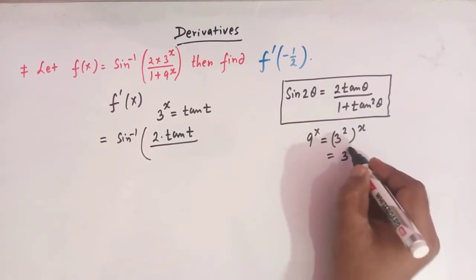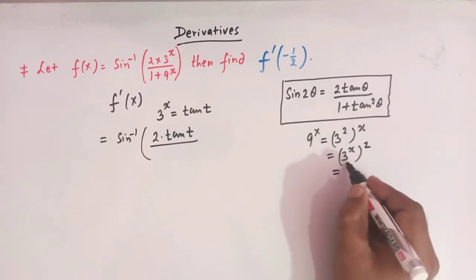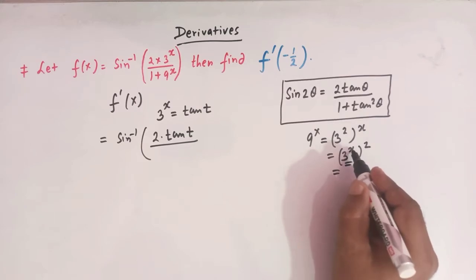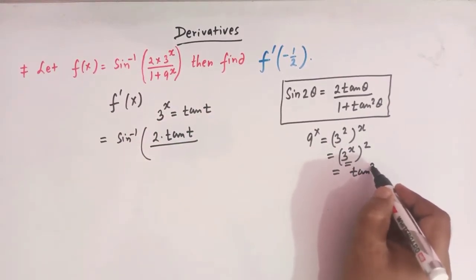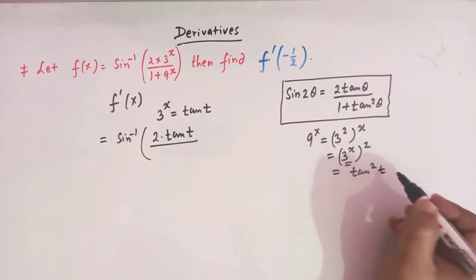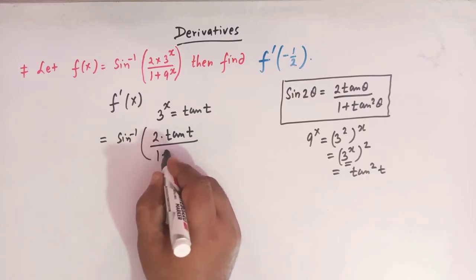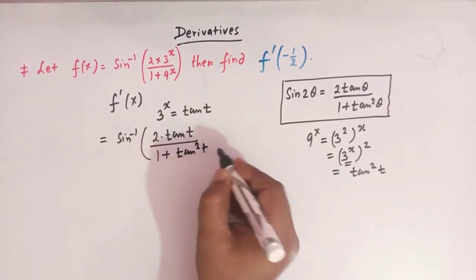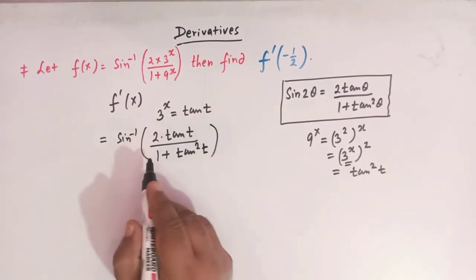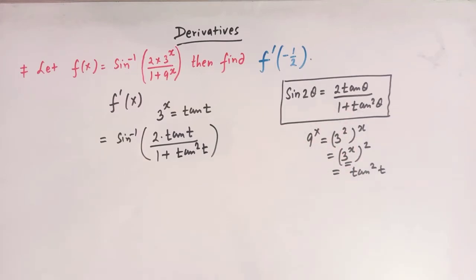So we have 3 raised to x, and here we have square. And 3 raised to x is our tan t, so we have tan square t. Now in the denominator we have 1 plus tan square t. So now we can easily see that this result is similar to this one.